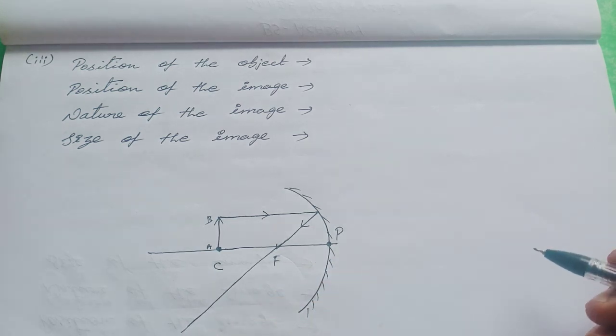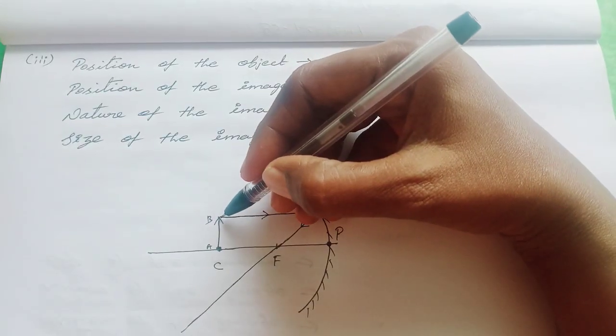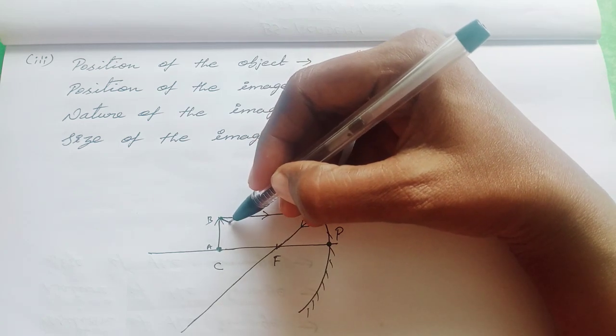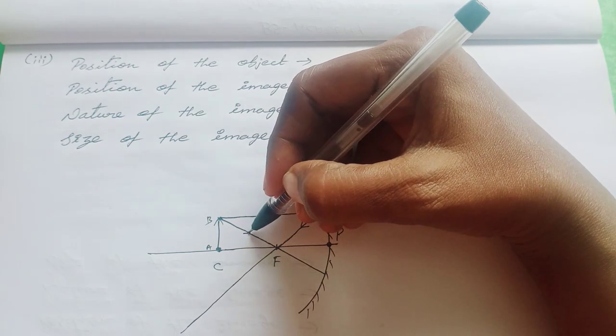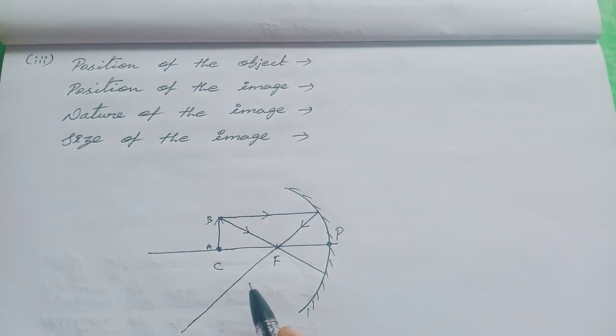Right? Now see the second rule. We are applying the second rule. Now consider one of the incident rays emerging from the object is passing through the focus. So this is the incident ray passing through the principal focus. According to the second rule, what happens when the incident ray passes through the principal focus?